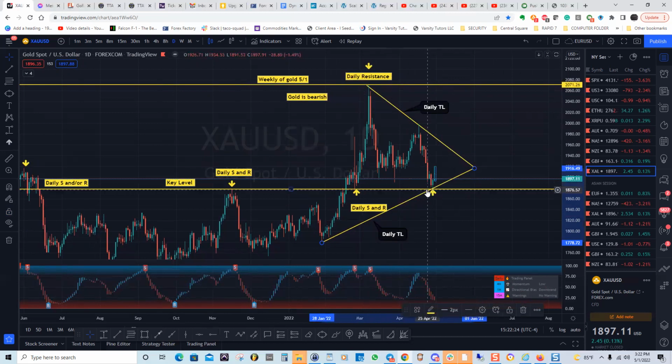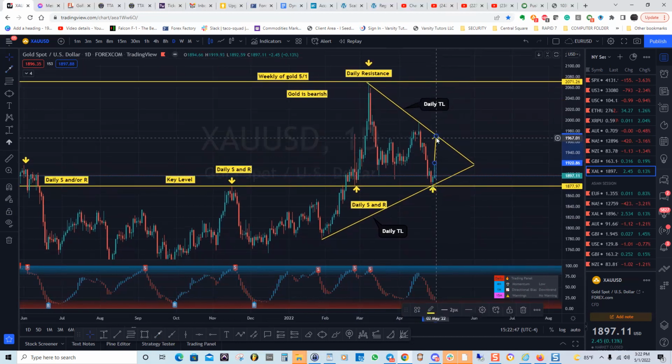So if price comes up to here and it does not break, it's going to come down here and I'm going to take a sell here. So I can wait till price comes up here on the daily time frame. That might take a couple of days, right? But if price comes up here on the daily time frame, then I'm looking to take it down.